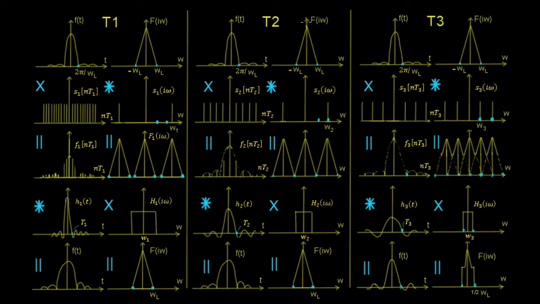So we do the exact same thing with our sampling period t2. If we were to take this function here and multiply it by a little square function here, in this case the period of the square function is going to be our value omega 2. And so whenever we multiply these two together, we're just going to get the original function back, which is our f of I omega.